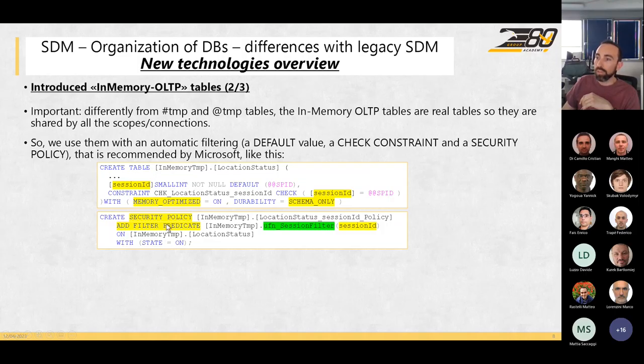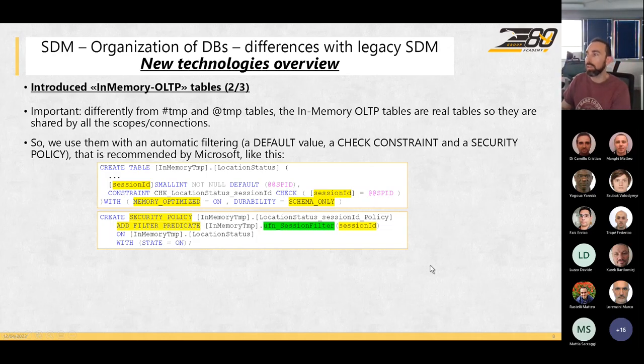That is the second script that we have here, that uses a function that simply enforces in a read that the data that you read are only from the current SPID.